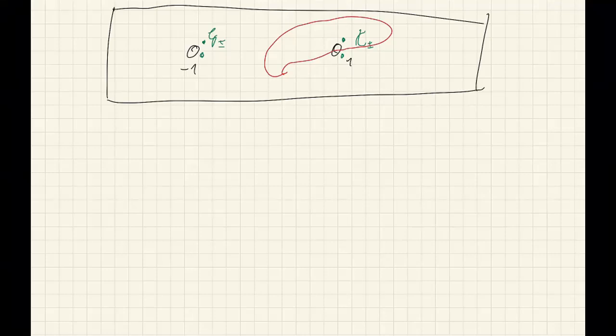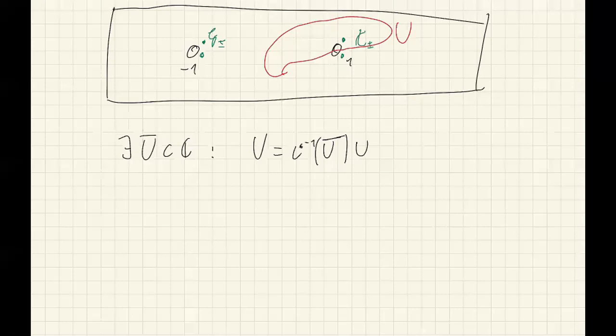So there exists some U bar, a subset of C, such that U equals iota minus 1 of U bar, with union with one character, he plus.